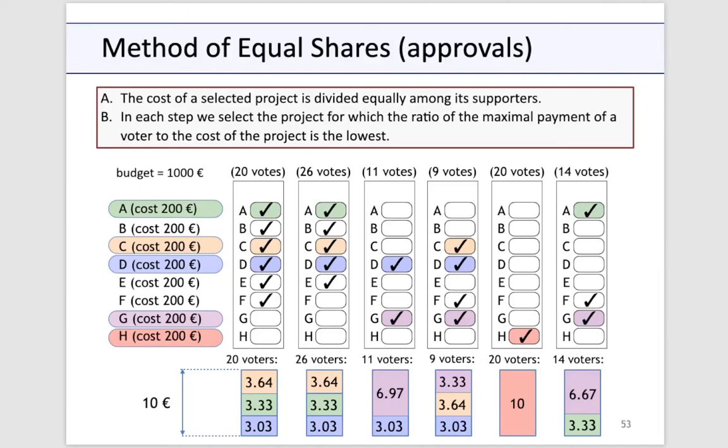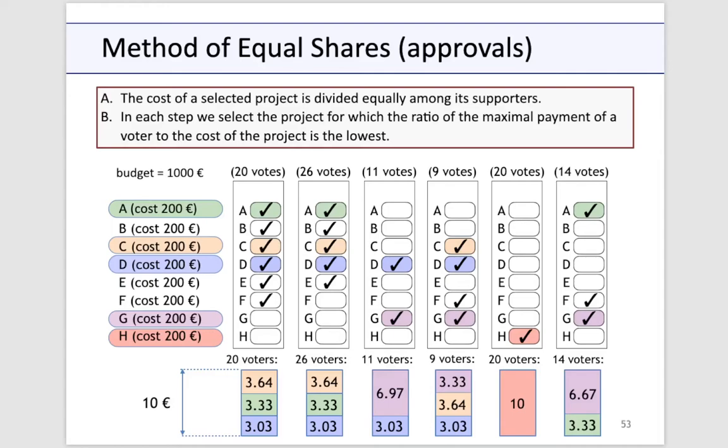But still, those voters who voted for project E, they already used their money, their voting power to select other projects, so they are already happy. While the voters who voted for project H, they still have unused money, and they form such a group that allows them to select the project H. And this is why project H is selected in the last step.